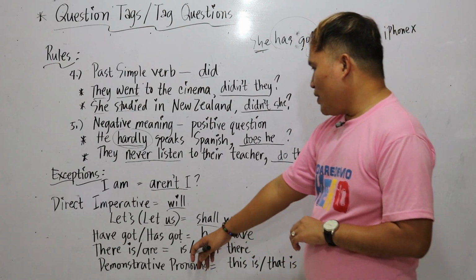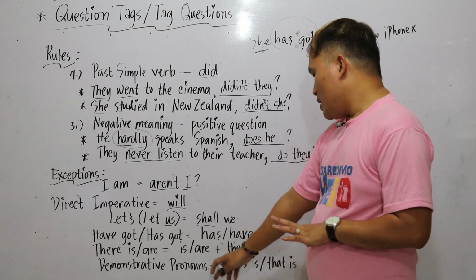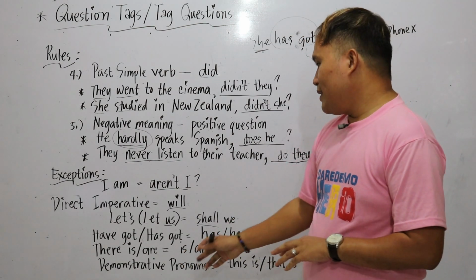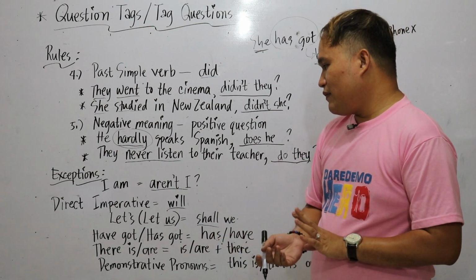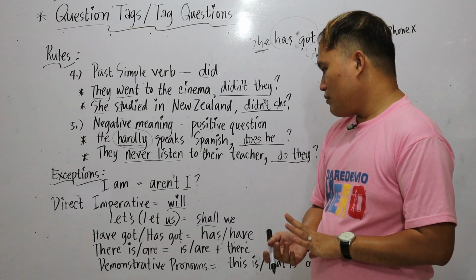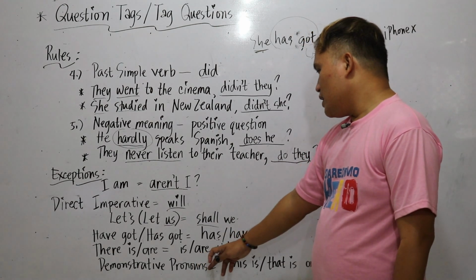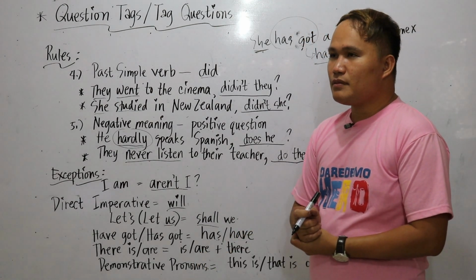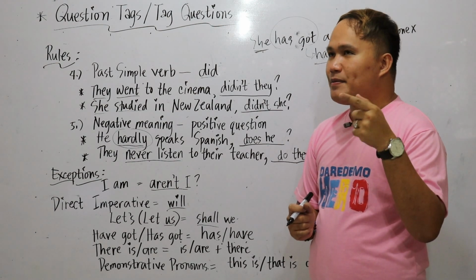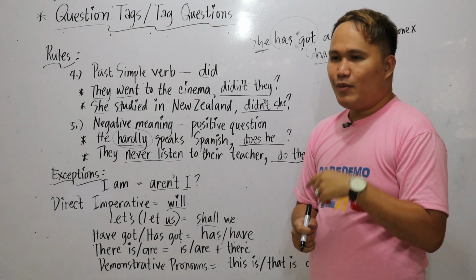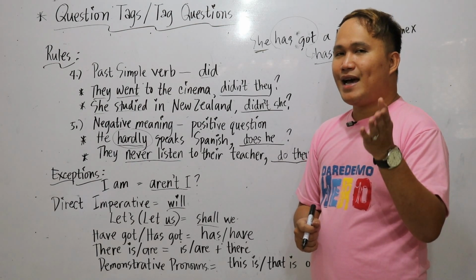Let's move on with another exception: if you use there is or there are. So you use is or are plus there, or the negative form. For example, there is a big mall somewhere downtown.